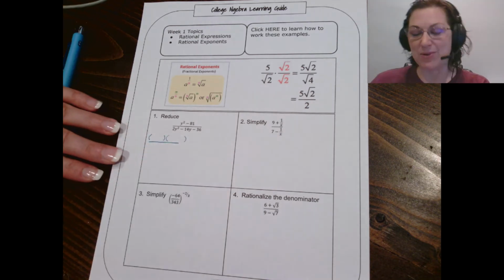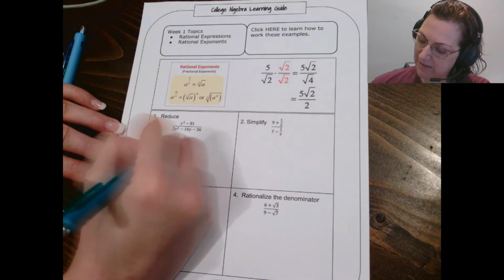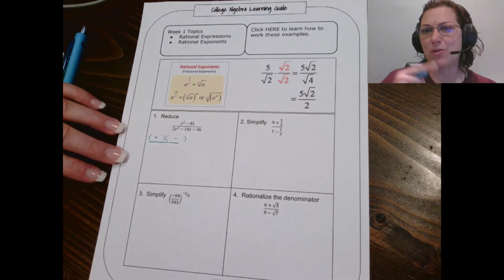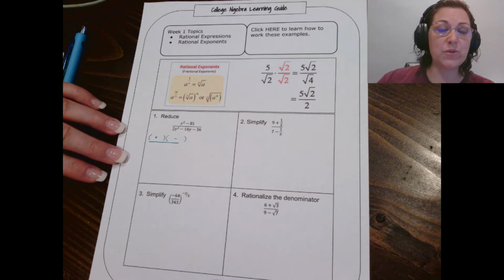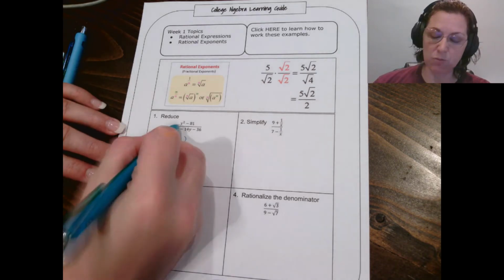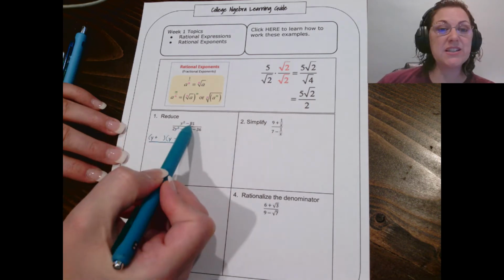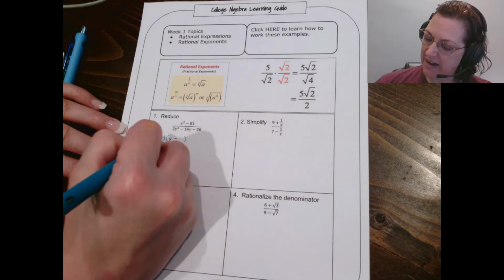One has a plus, one has a minus, and the terms we put in those parentheses are what we get when we take the square root. What times itself would give us y squared? That's y and y. And what times itself would give us 81? That's 9 and 9.